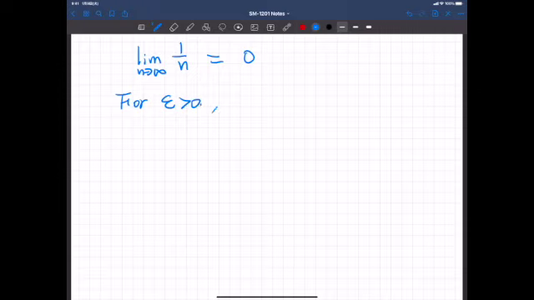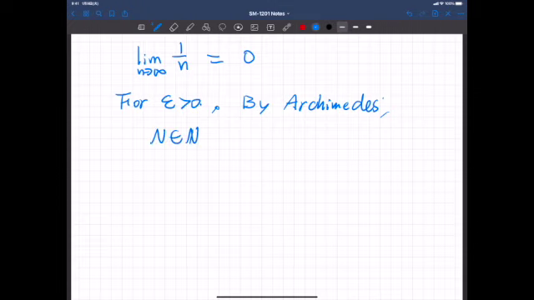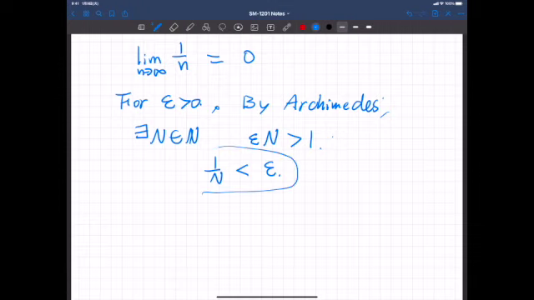By the Archimedean principle, we can find a natural number N such that epsilon N is greater than 1, right? This means 1 over N is less than epsilon, if you divide both sides by N.